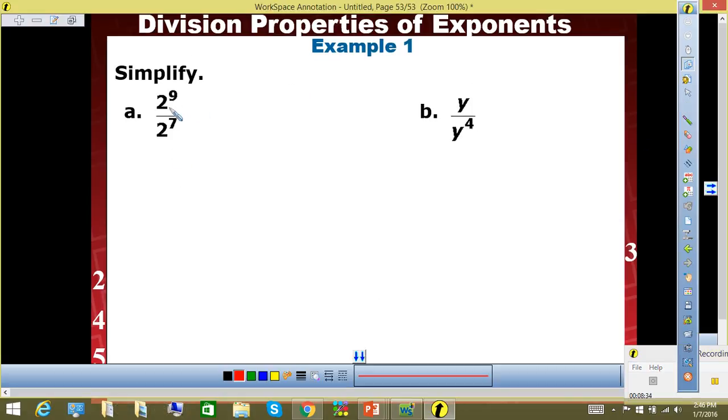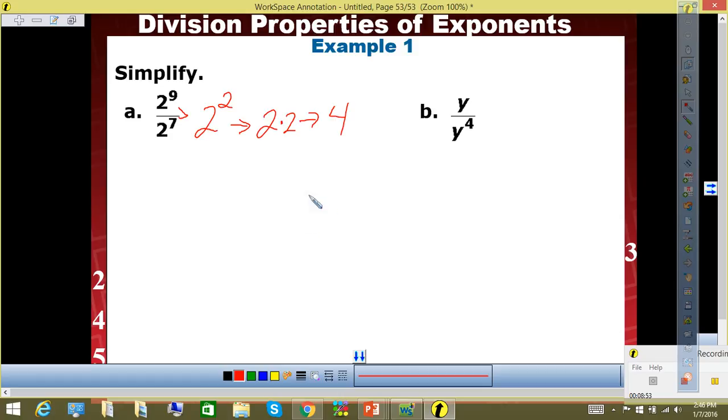For 1A, what'd you get for 1A, Brian? 2 to the 2nd power. Is he done? No. What is 2 to the 2nd power? 2 times 2, which is 4. Hands if you got 4. Okay.